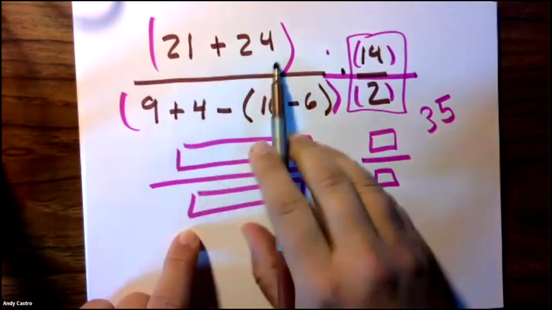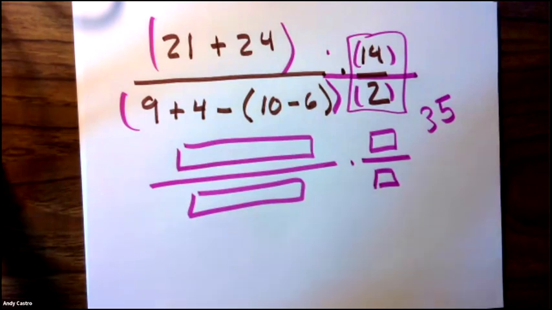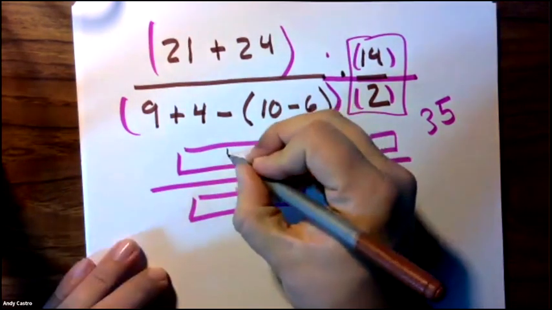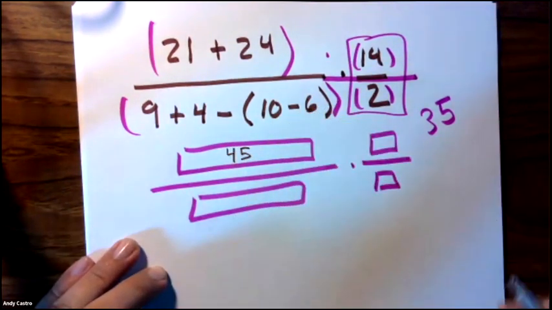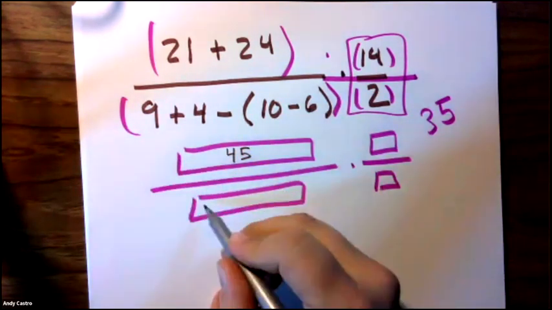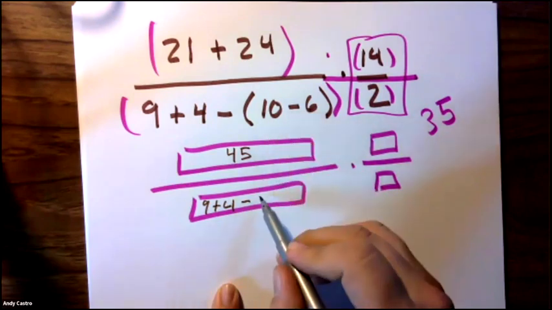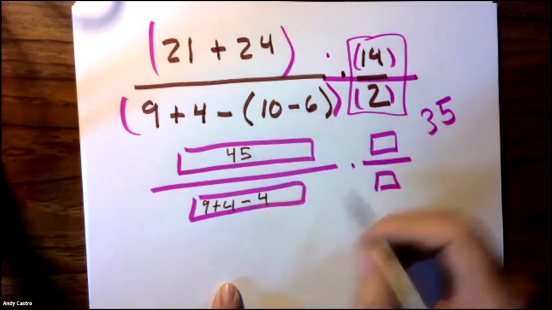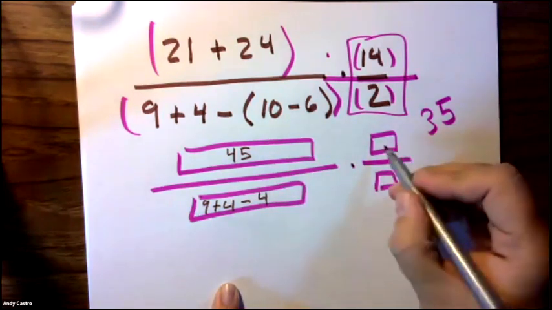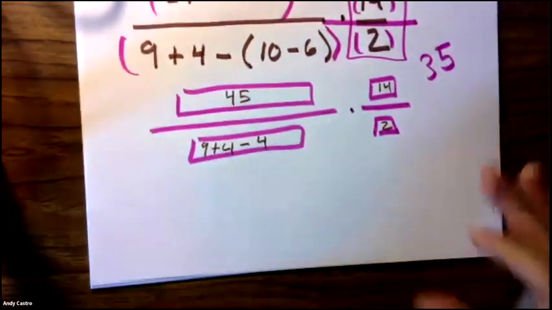So what I'm going to do is just do what's in the parentheses here. 24 plus 21. The 4 and the 1 give me 5. 2 and 2 give me 40. So I've got a 45 there on the top. Underneath here, I've got 9 plus 4 minus 10 minus 6 is 4. And then here I'm multiplying by 14 divided by 2. All right.